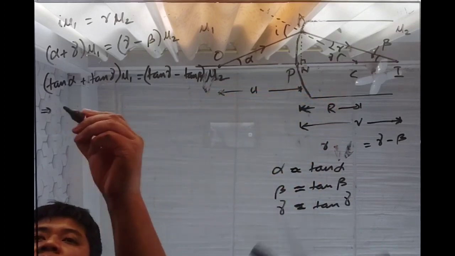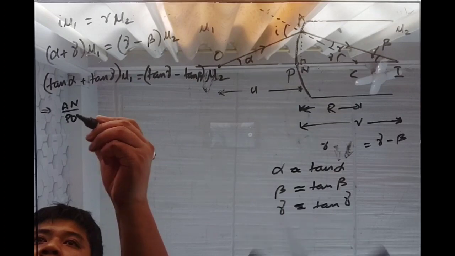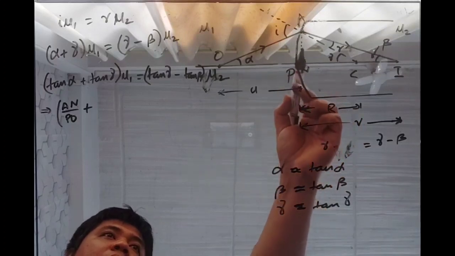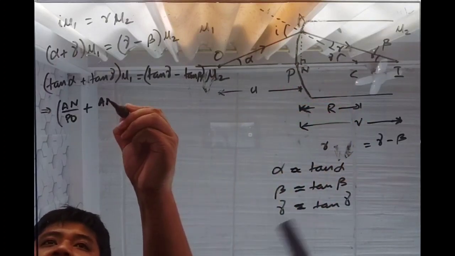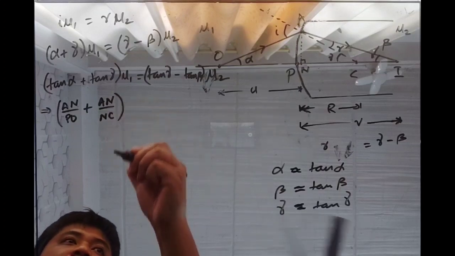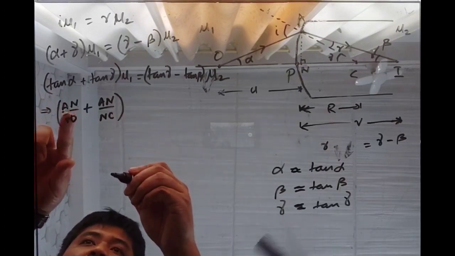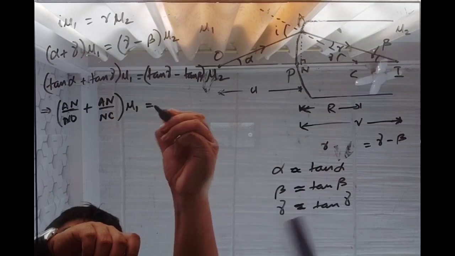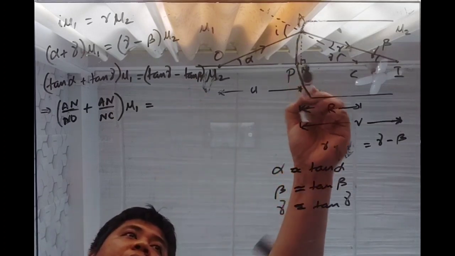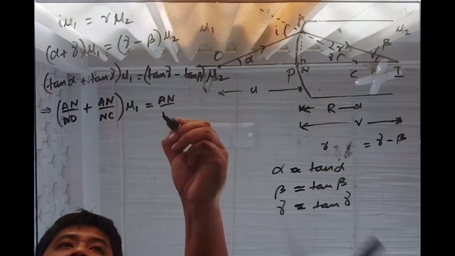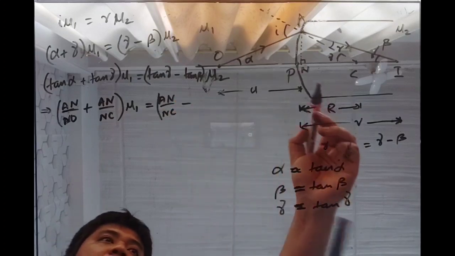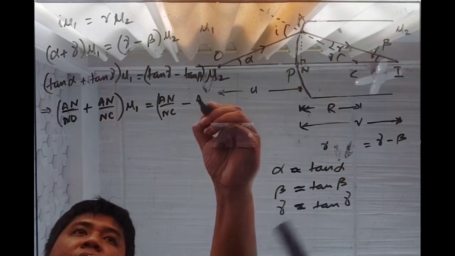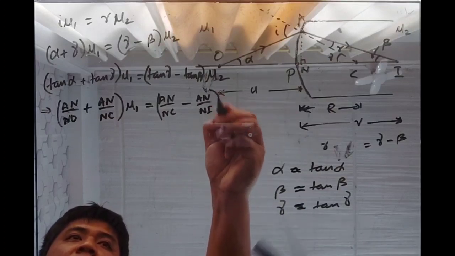Tan alpha is AN by NO, plus tan gamma is AN by NC, times mu1, equals tan gamma, AN by NC, minus tan beta, AN by NI, times mu2.